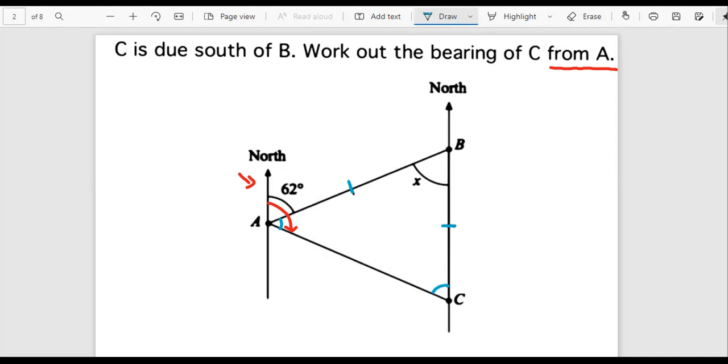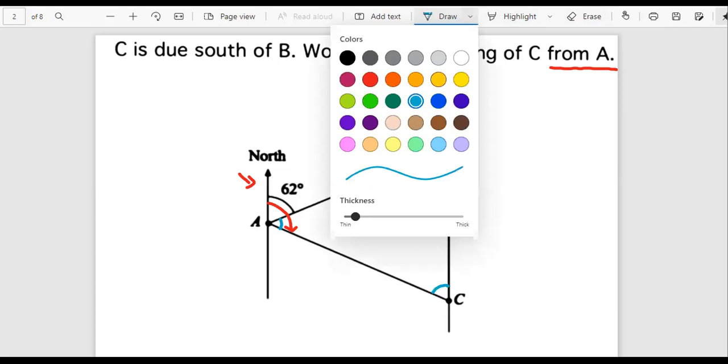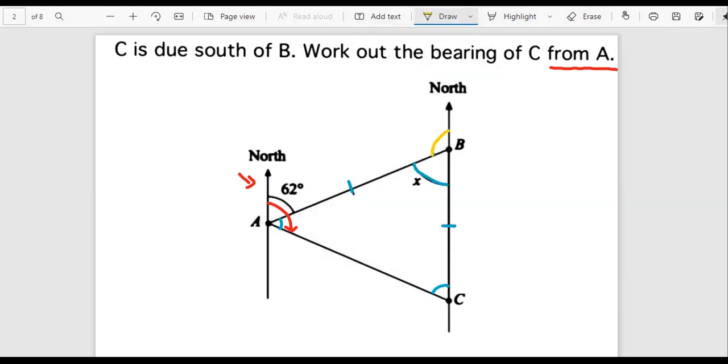I know the sum of angles in a triangle is 180 degrees, right? So I need to find this angle at X somehow, and then I can easily calculate the bearing. Okay. What is angle at C? Now we know that if two lines are parallel, the sum of internal angles is 180. So the angle 62 degrees plus the angle at B that I'm going to make with yellow color, the sum is going to give you 180 degrees.